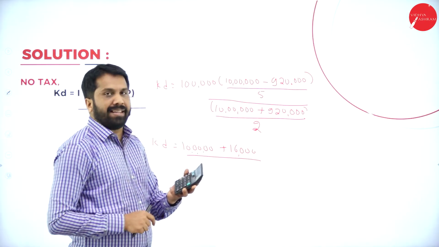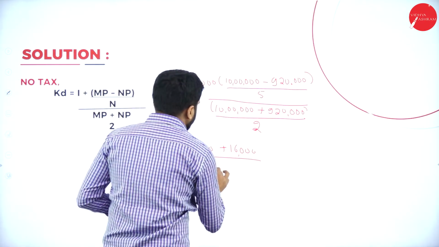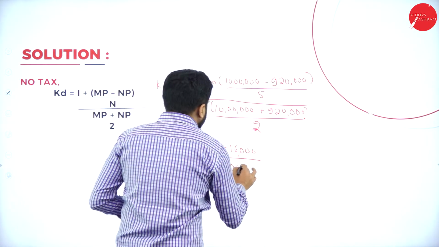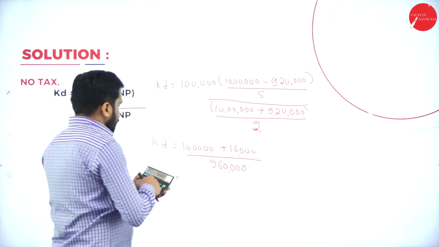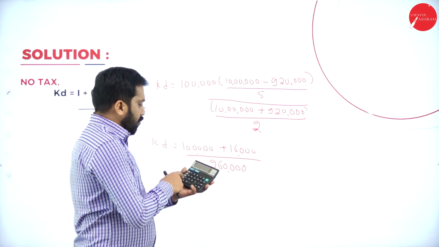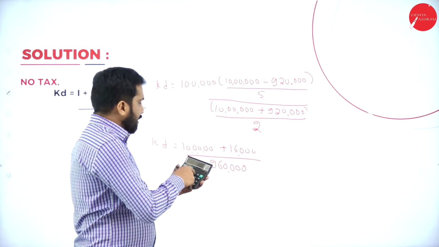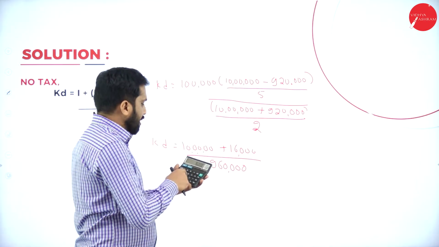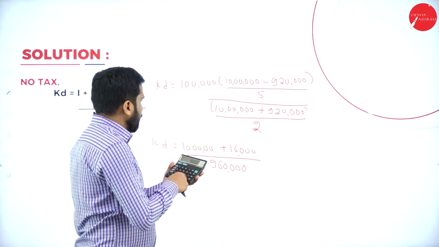I got 9,60,000. Still we simplify this. So this is how much? 1,16,000 divided by 9,60,000.